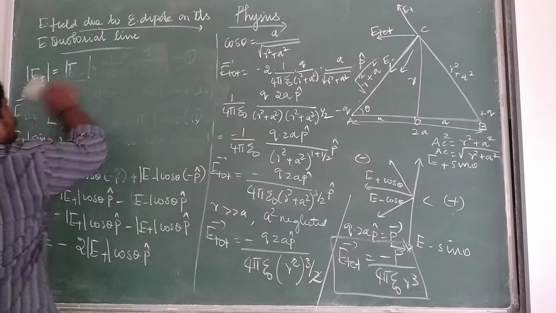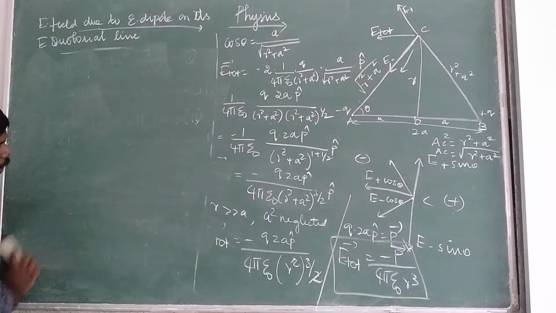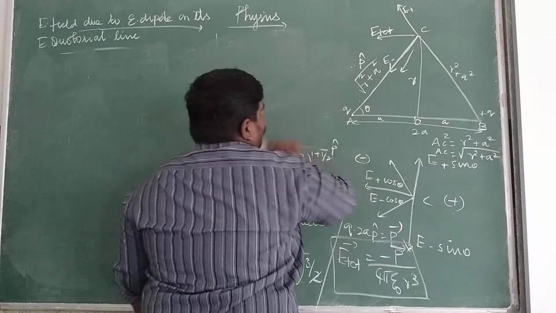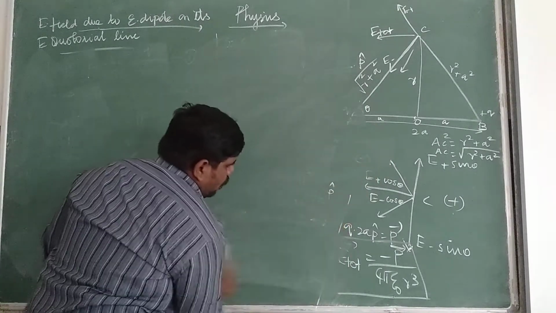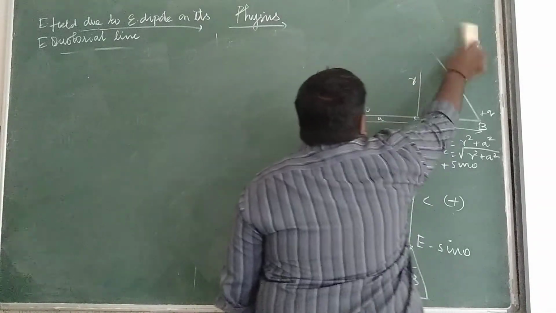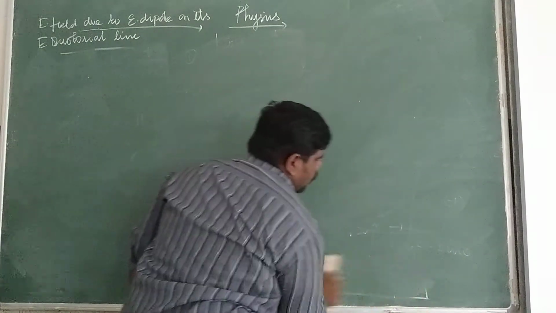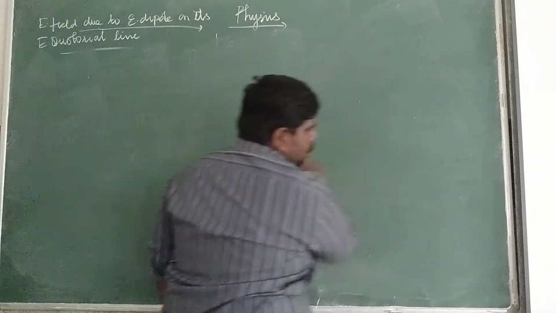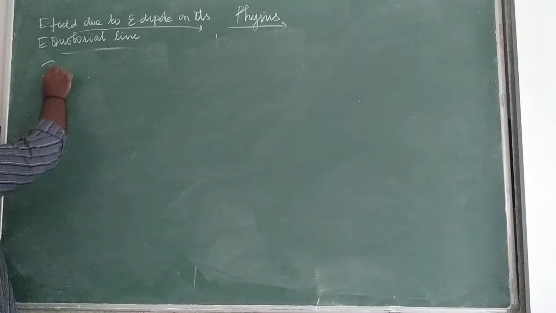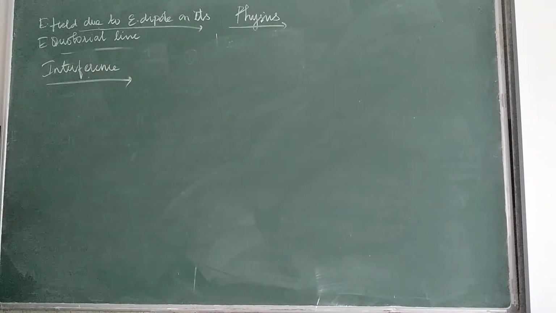Now the next one is some important inferences about the electric field due to an axial line and the electric field due to an equatorial line. So first, axial.